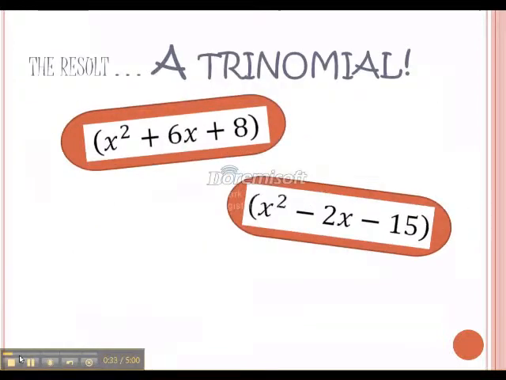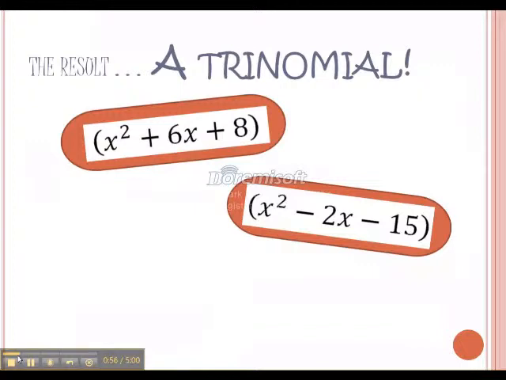You should get a trinomial, and more specifically a quadratic, because the degree of the leading term is 2. So you get x squared plus 6x plus 8, and x squared minus 2x minus 15.